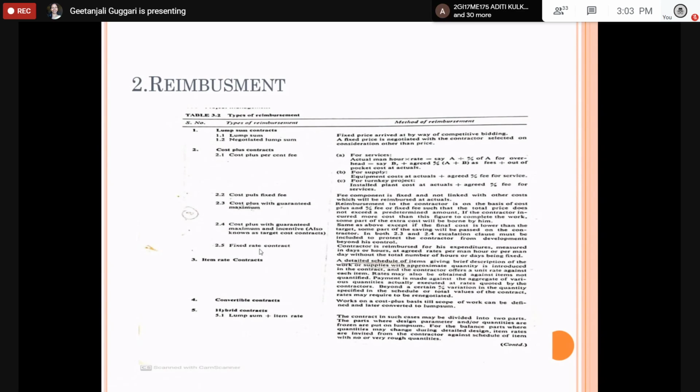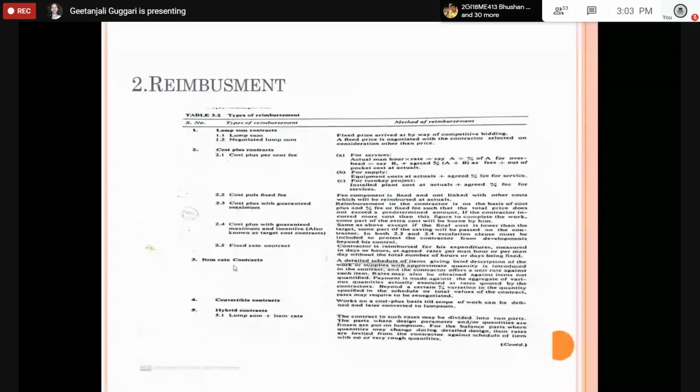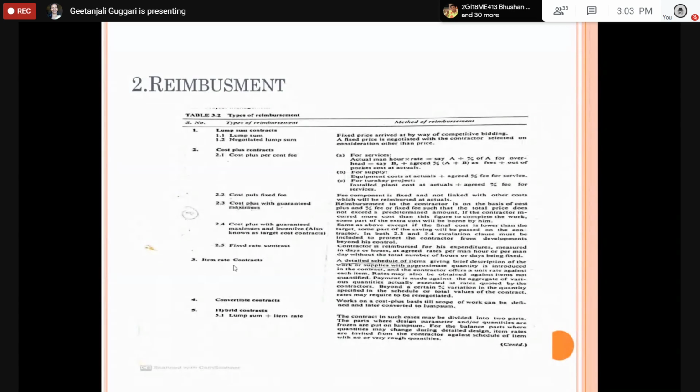Based on that, the contractors' reimbursement is done, or what kind of reimbursement they are getting. So that is also one of the very important reimbursement processes you need to take care of when you are assigning work to the contractors.